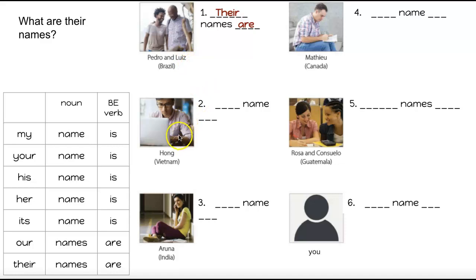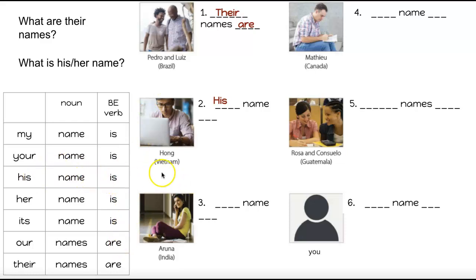How about number 2? Hong is this boy's name. So, this is a boy. Which possessive adjective are we going to put in front of name? His. His name. And are we going to put is or are?